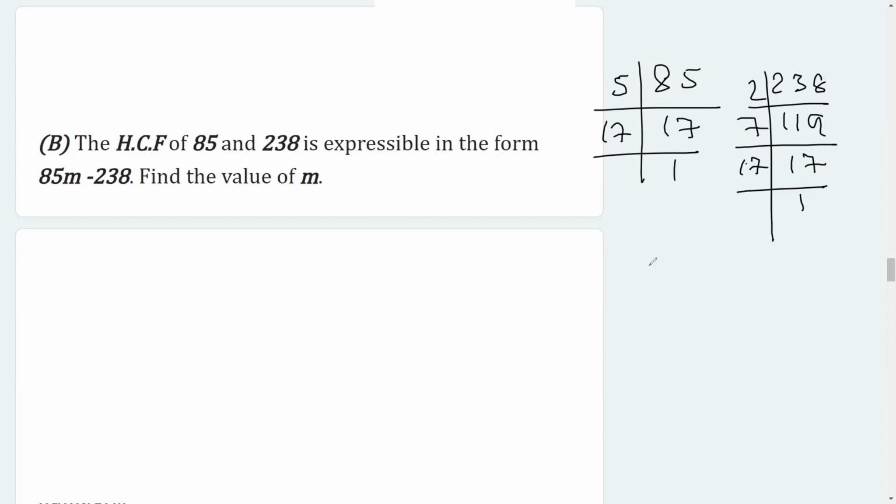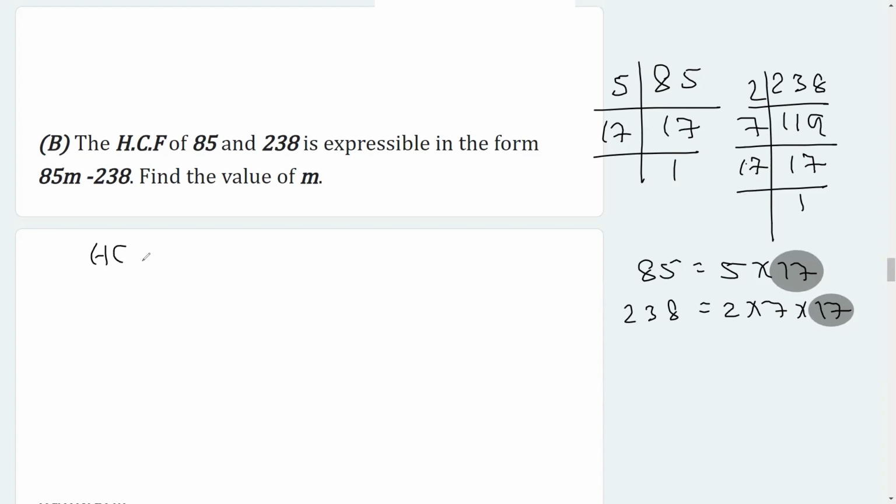Now the prime factorization of 85 is 5 into 17, and of 238 is 2 into 7 into 17. Needless to say, 17 is the only common factor, therefore the HCF of these numbers is 17.